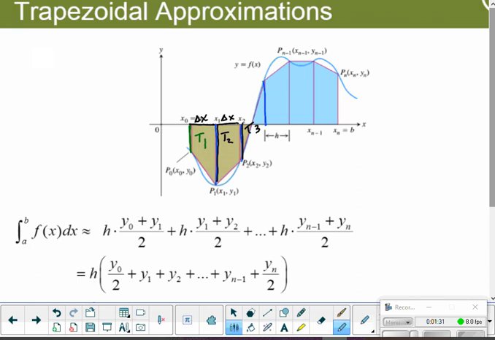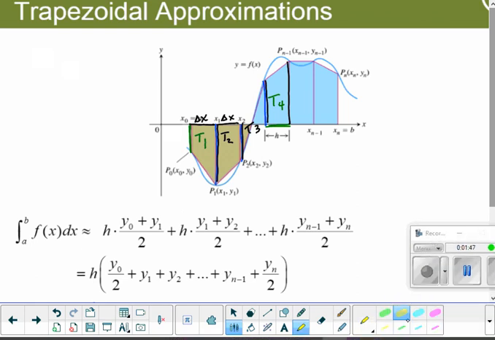And trapezoid 4, you're getting kind of bored with this, right? Here's our delta x. It has a height on the left and then a height on the right that I would need to sum together and go 1/2 height on the left plus height on the right. What you should observe is that the interior heights got doubled.